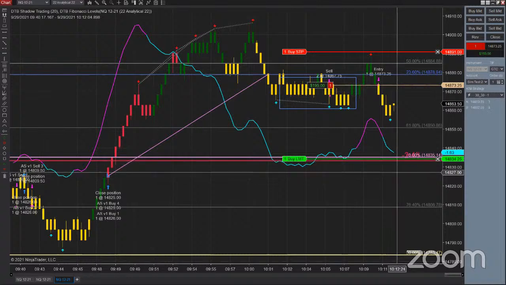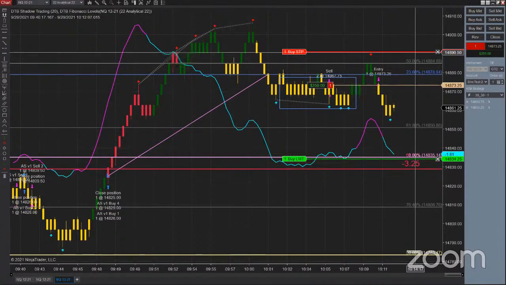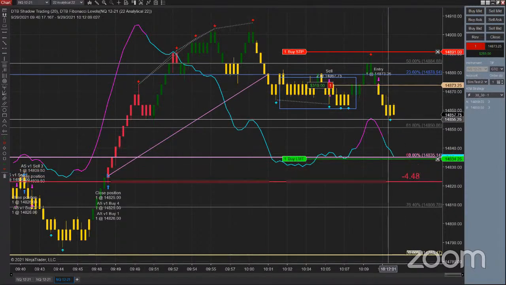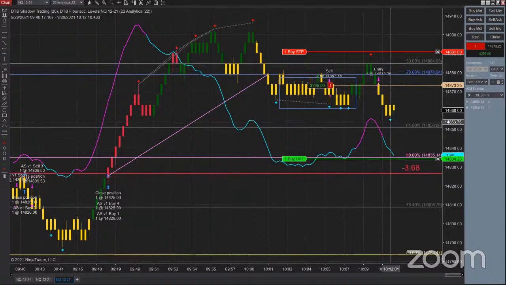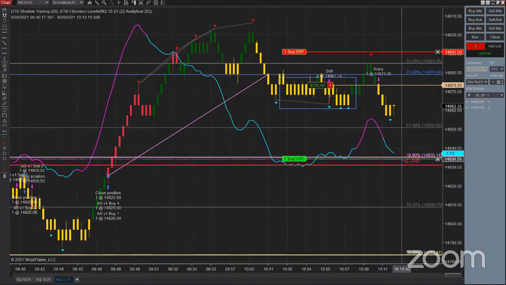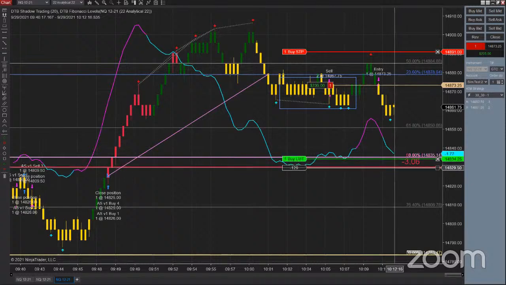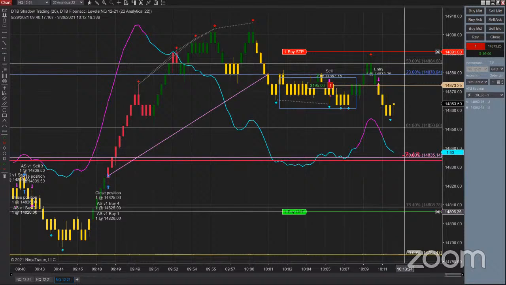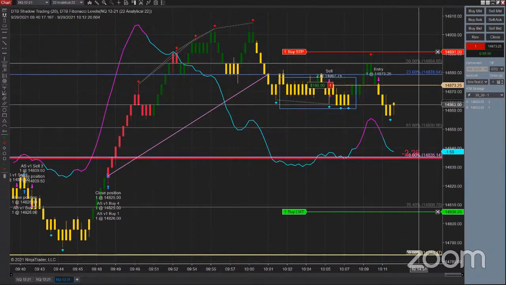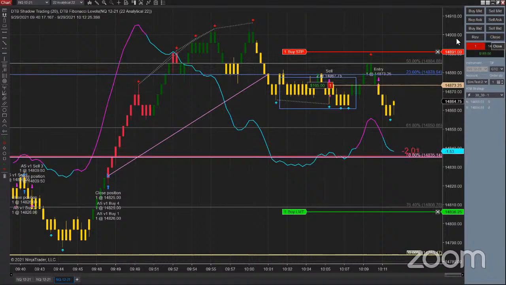We do have an arrow that's now come facing up, but the momentum line is facing down. So even though you've got a divergence arrow facing up, you still have this momentum line facing down quite considerably. And if you get a change in direction of that, you could basically exit that position.